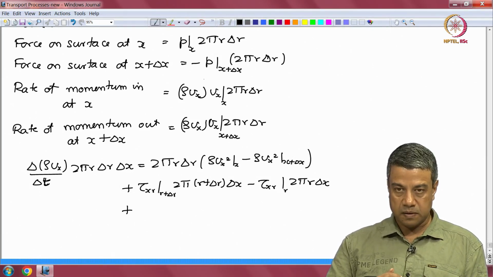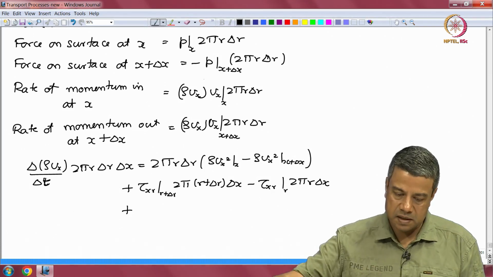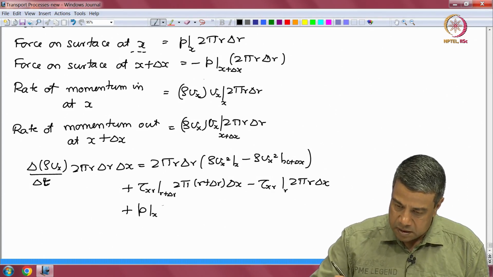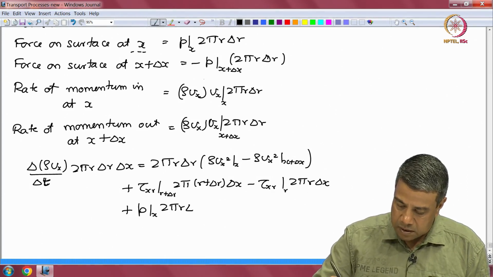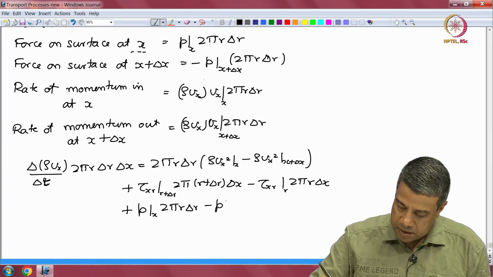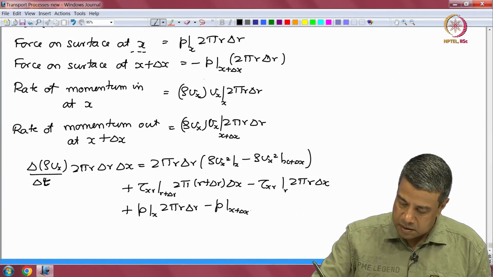Plus the pressure. Pressure in the plus x direction at the surface at x. So, P at x into 2 pi r delta r, minus P at x plus delta x into 2 pi r delta r.